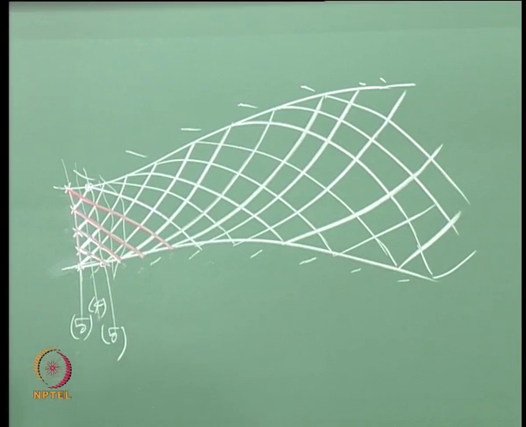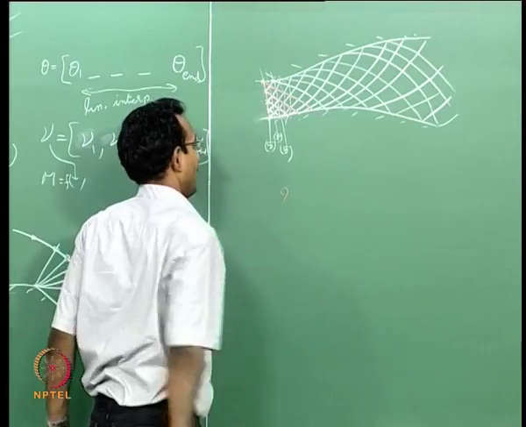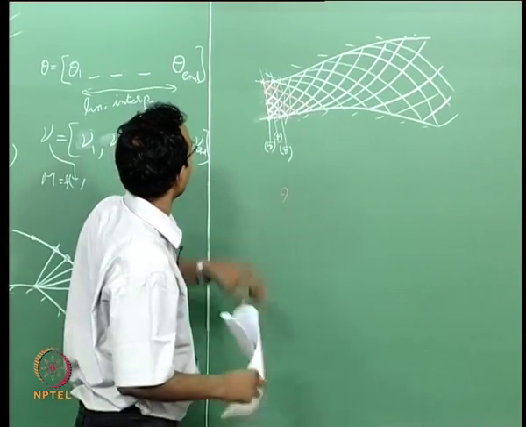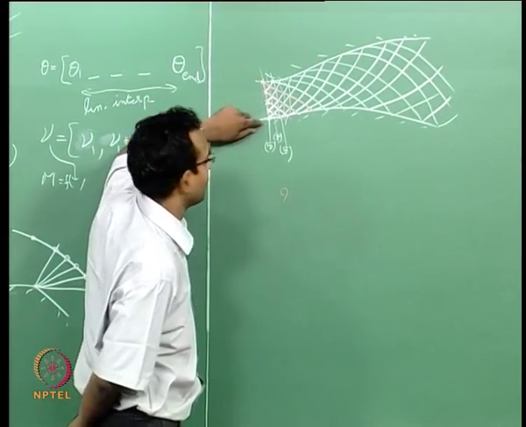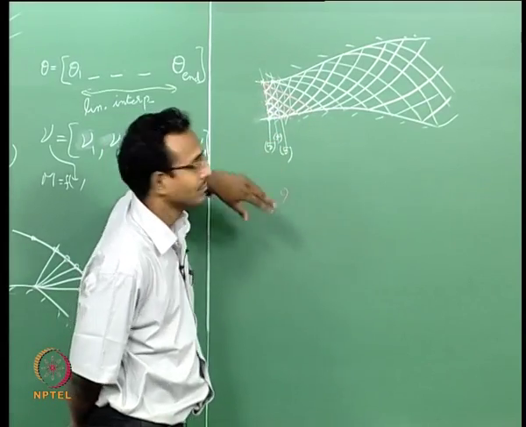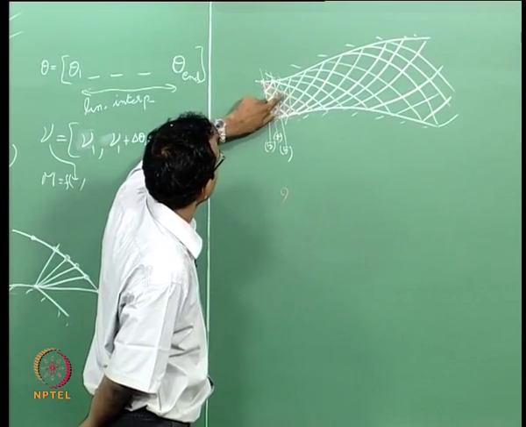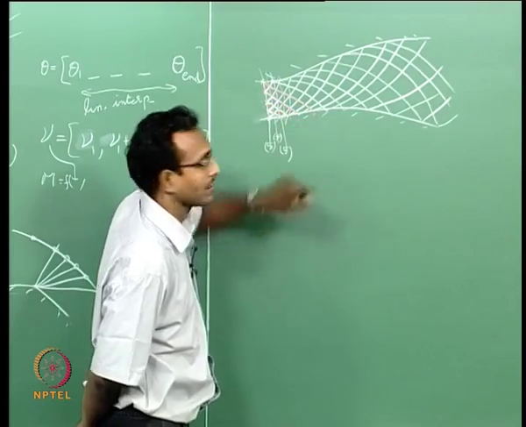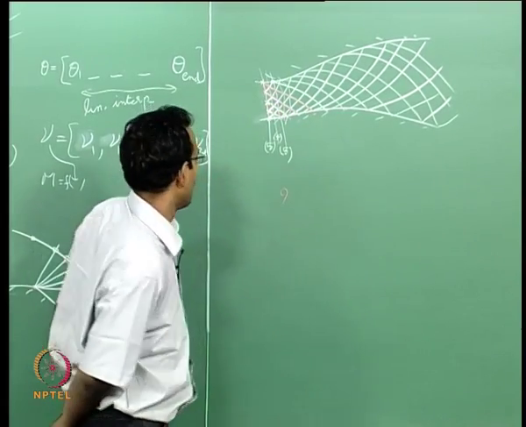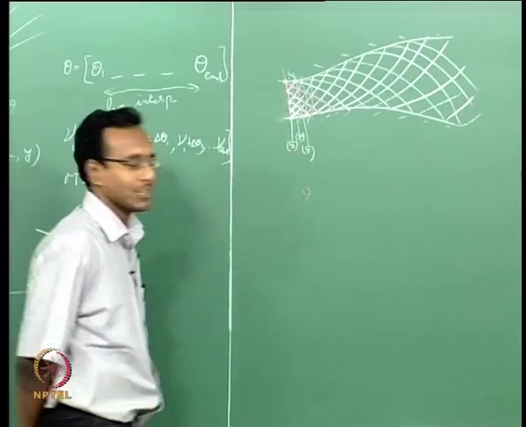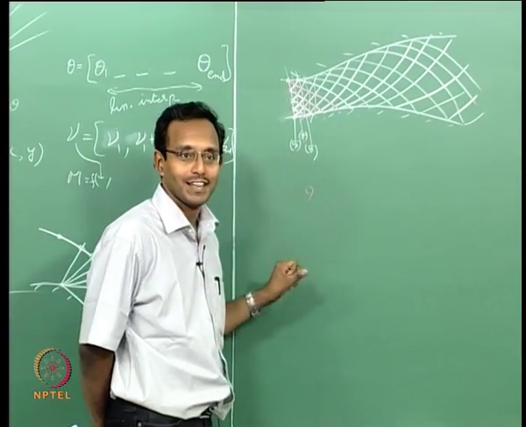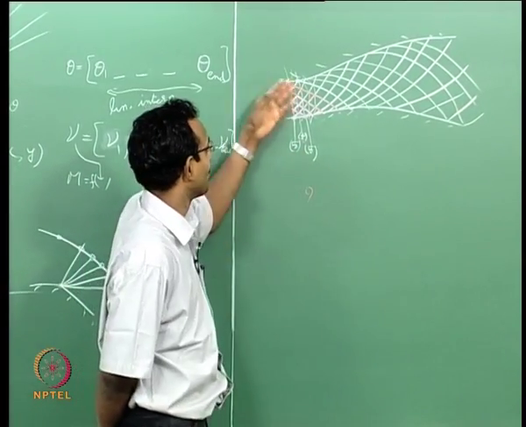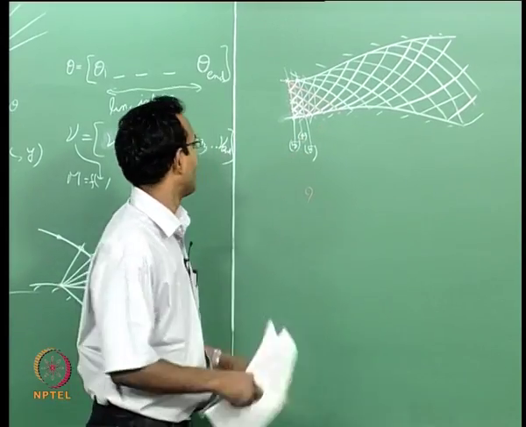When I solve this whole thing, I will finally have 9 points along the last line. I started with 5, I will end up with 9, 1 2 3 4 5 6 7 8 9. You will end up with 2n minus 1, actually it will be 5 plus 4 here, n plus n minus 1, that is what you will end up with.